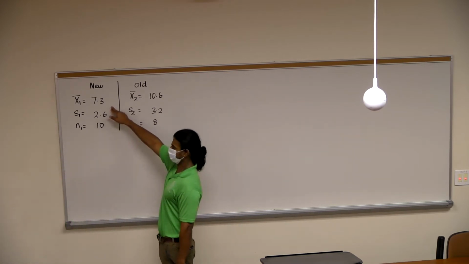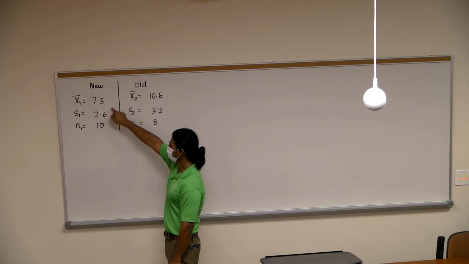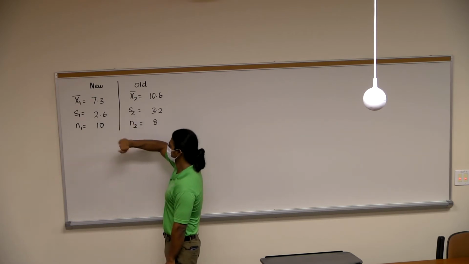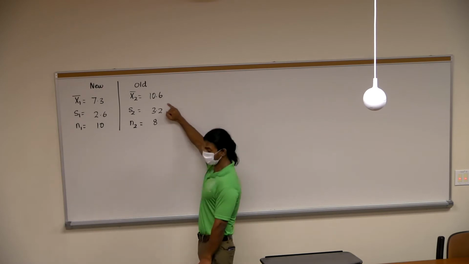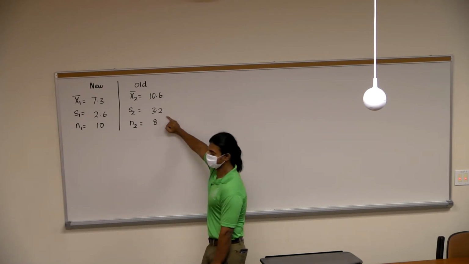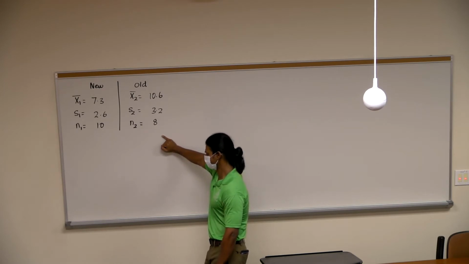So the average time for the new calculator is 7.3 minutes. The standard deviation is 2.6 minutes. We had 10 observations. For the older, it's 10.6. The standard deviation is 3.2, and the sample size is 8.